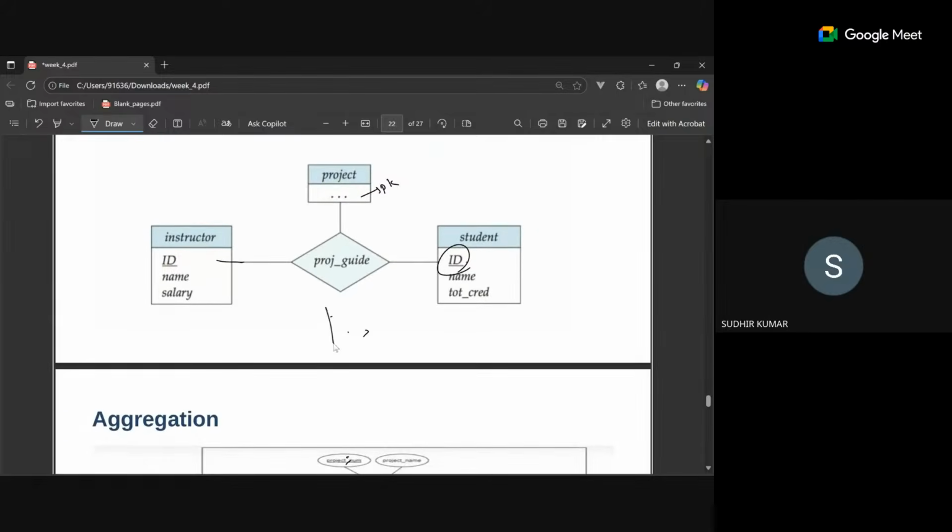Right, here you will have instructor ID, student ID, and the project ID, and the date of project or any other attributes. And you can have a primary key for this table also, project guide ID, something. Because all these primary keys will be acting as foreign keys to this intermediate table. So that establishes a relationship between all three.